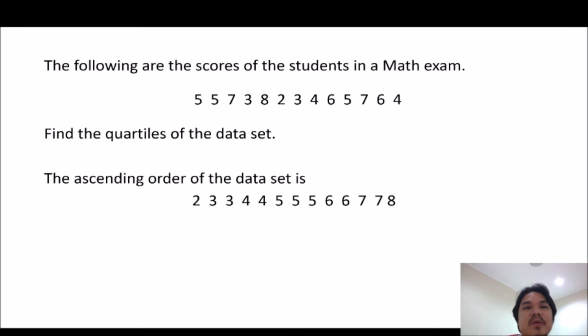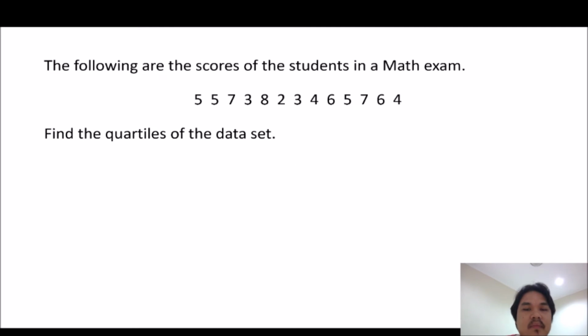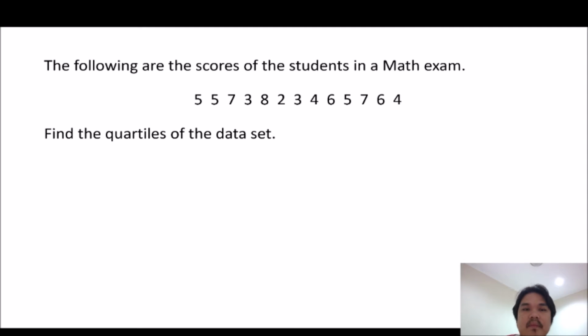Okay, so we're going to use the same data that we used a while ago. To find the quartiles of the data set, the first thing that we need to identify is the median. In finding the median, we need to arrange the data set in ascending order.